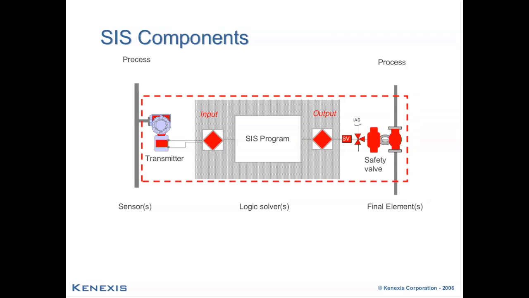It could be an electromechanical system. It could be a pneumatic and hydraulic based system, as we often find in upstream oil and gas on minimally attended installations. But typically, this is the boundaries of the safety instrumented system, including the logic solver and the field devices.